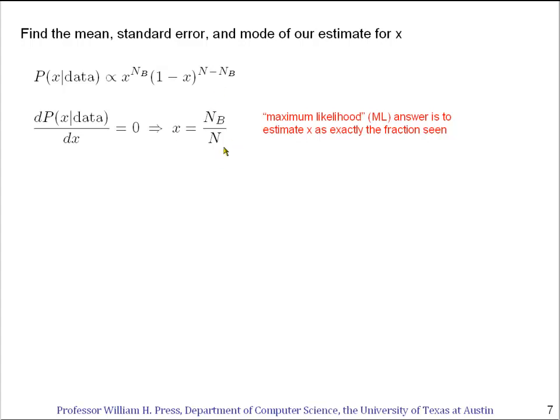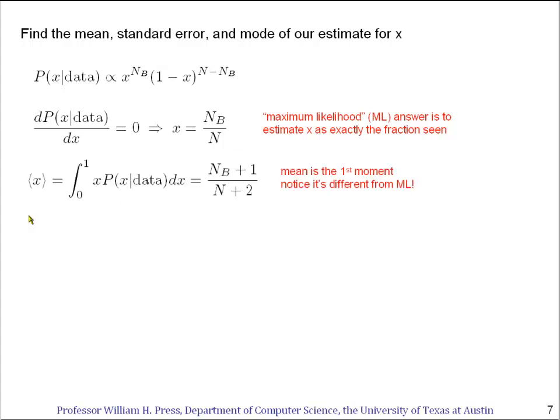This is called the maximum likelihood answer because it gives the value of the most probable single value of x. And it's in fact, remember, what we intuitively thought the answer ought to be when we first saw the data, 15 over 35.